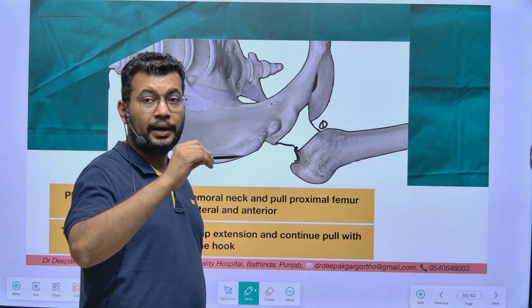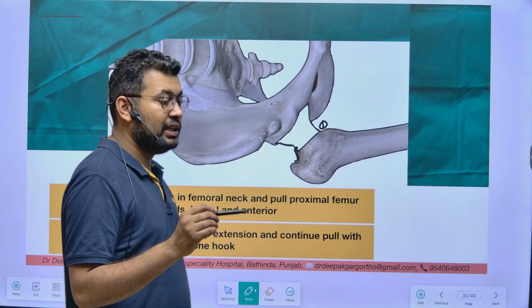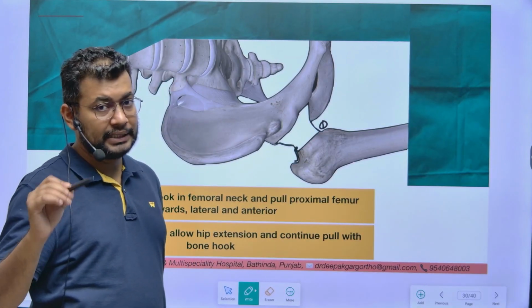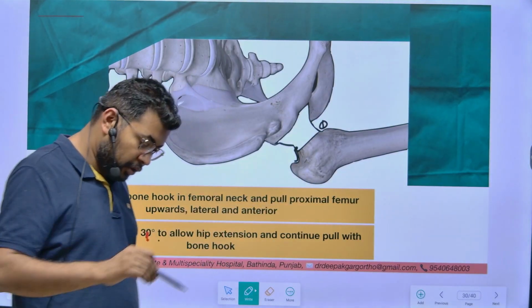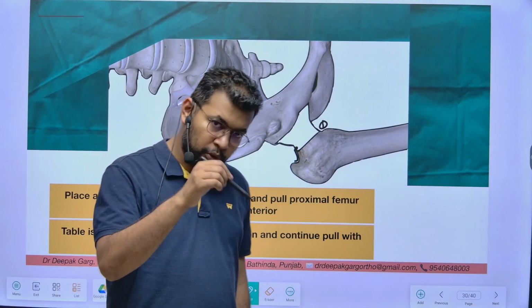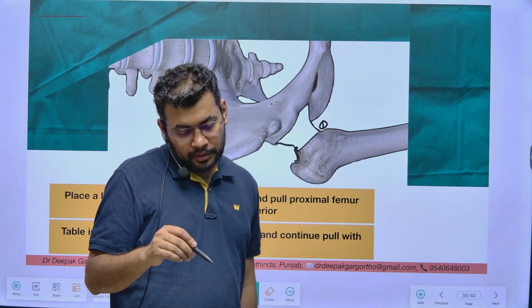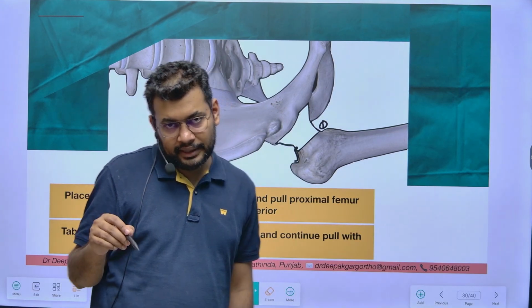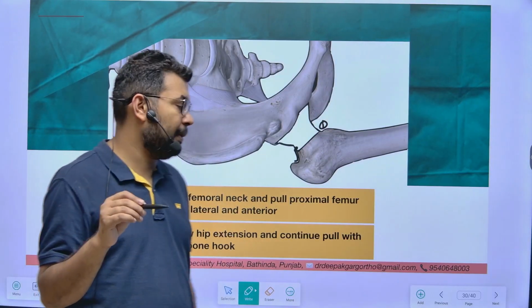Then we have to do the posterior capsulotomy as well to some extent, till the time we get the fat pad sign. So we run the cautery along the border on the bone only, on the greater trochanter, and we run on the posterior or the medial side, and then we do the capsulotomy till we get the fat pad sign.